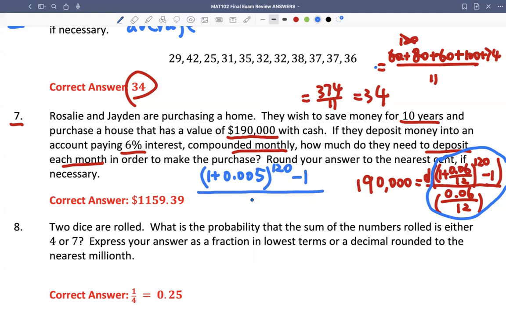Then divided by the denominator, 0.005. Once we calculated this number, remember this number multiplied by D equals 190,000.